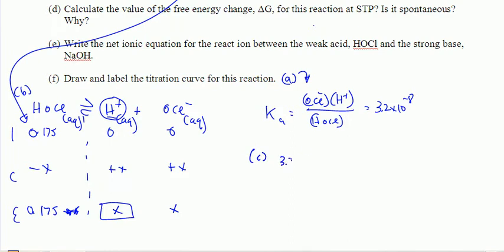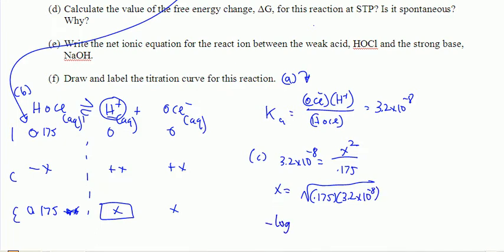So 3.2 times 10 to the minus 8 is equal to X squared over 0.175. So X is going to be equal to the square root of 0.175 multiplied by 3.2 times 10 to the minus 8. Negative log of X gives us our answer.